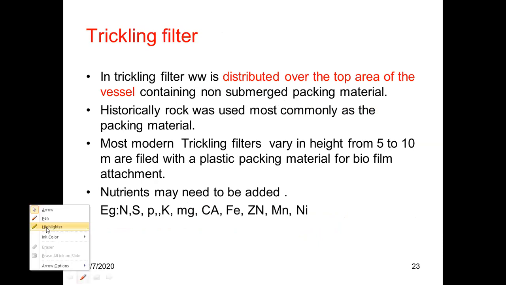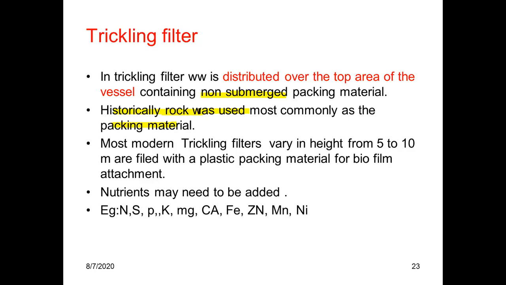So this can be either submerged or non-submerged. Historically, rock was used most commonly as the packing material. The most modern trickling filters vary in height from 5 to 10 meters, filled with plastic packing material for biofilm attachment. So there may be plastic film material also.